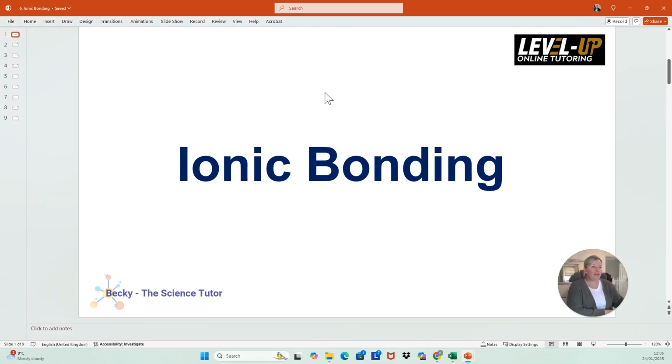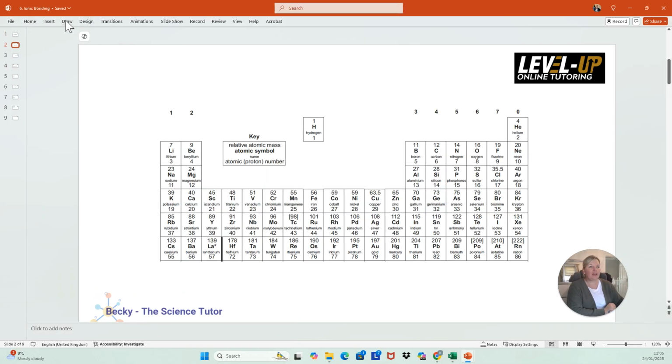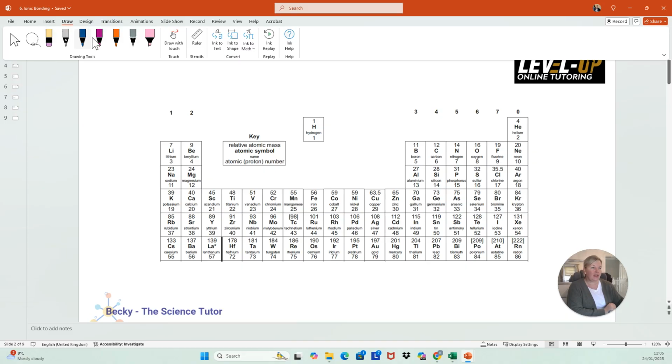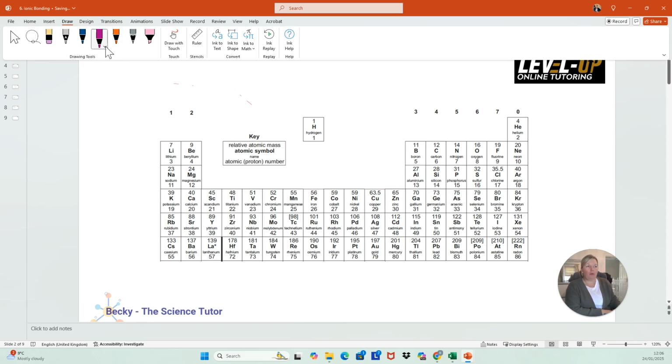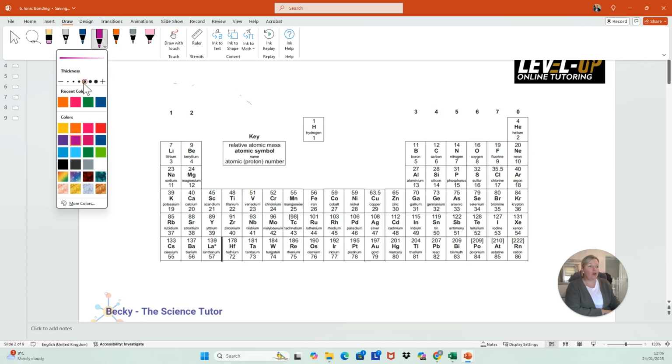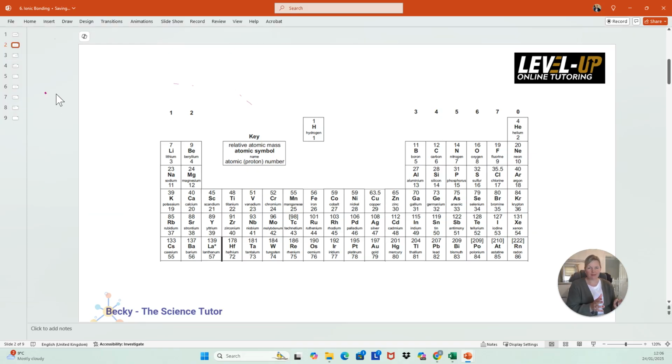Okay, so the first thing that is going to help us with ionic bonding is to understand where the division for metals and non-metals is on our periodic table. And this is something that I go on about a lot, is understanding those basics.